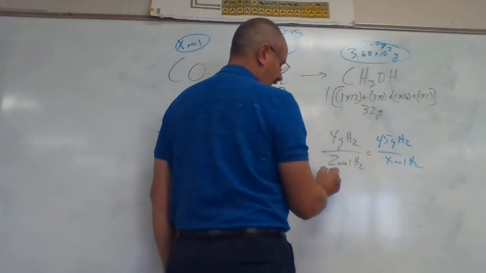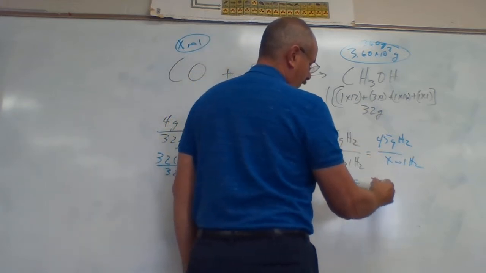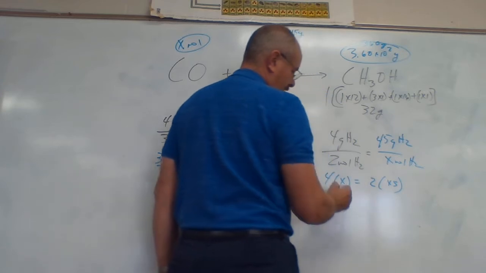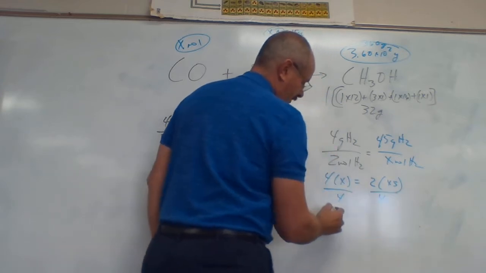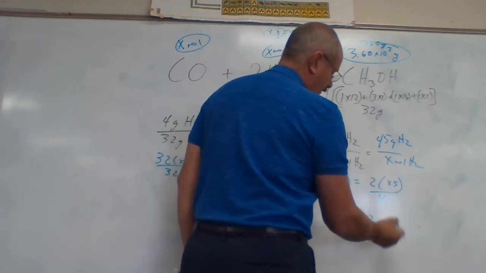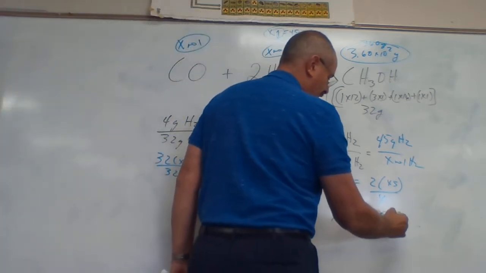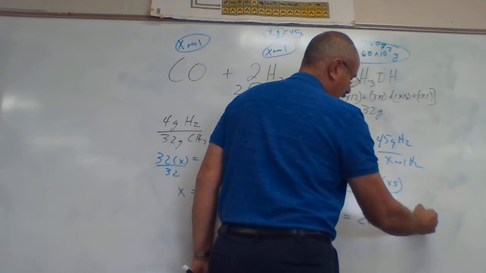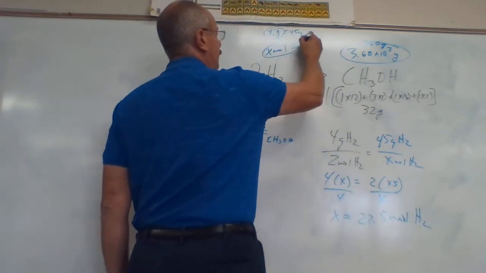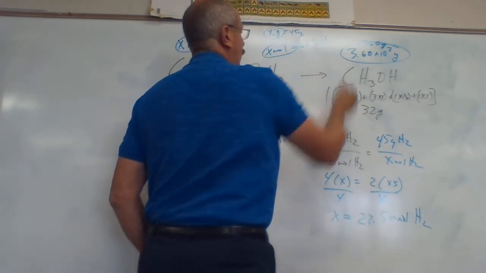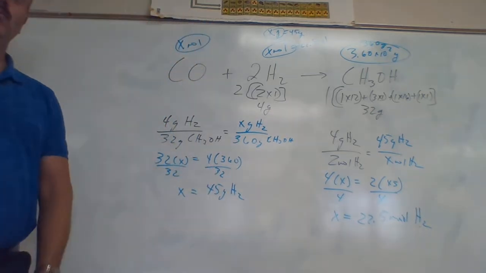Cross multiply, 4 times X equals 2 times 45. Divide by 4, and X ends up equaling 22.5, I think it is. Yep. 22.5 moles of H2. So we now know that this is 22.5 moles. Hey, there's one of our answers.